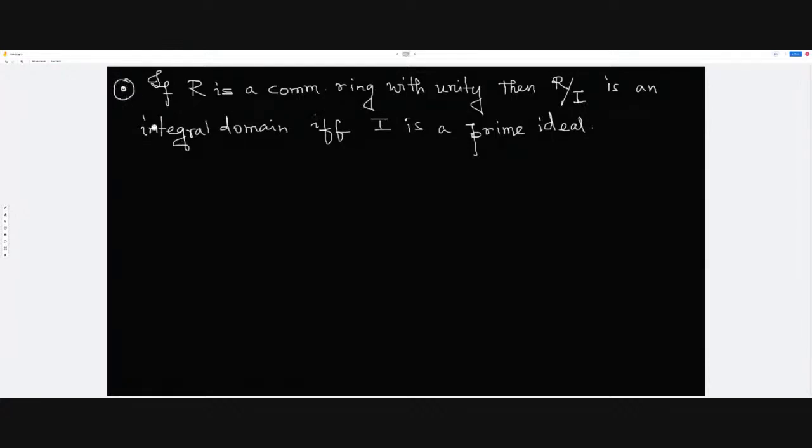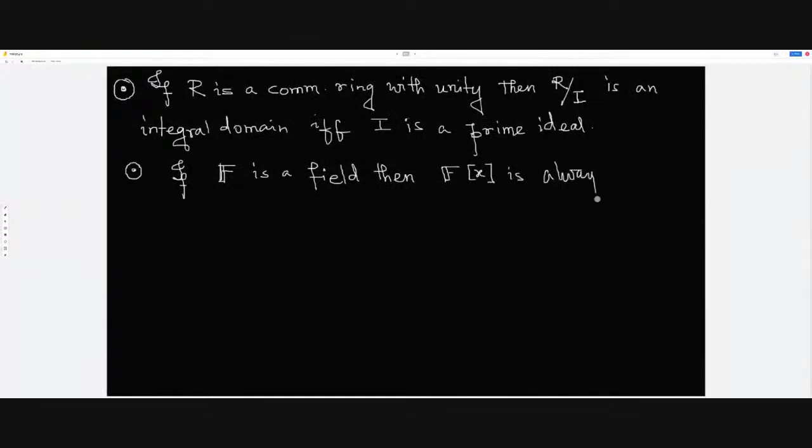It is absolutely essential. The second thing is that if F is a field, then F[x] is always a PID, that is, a principal ideal domain.